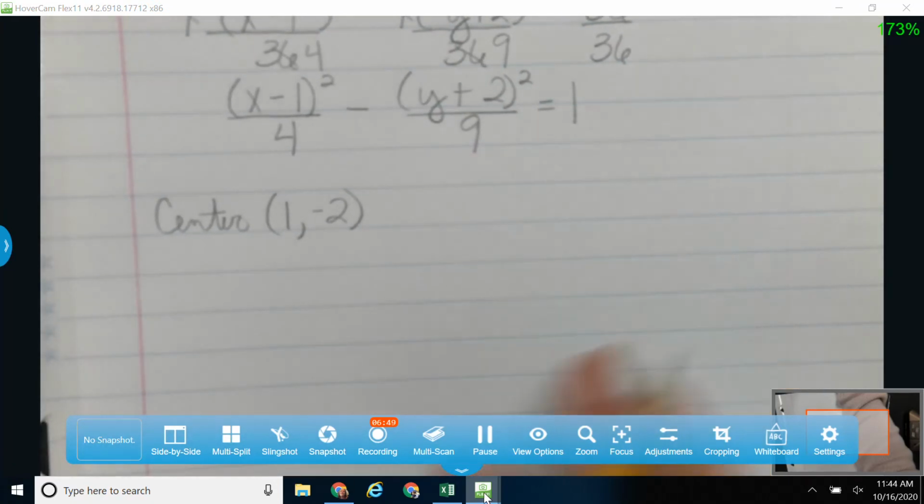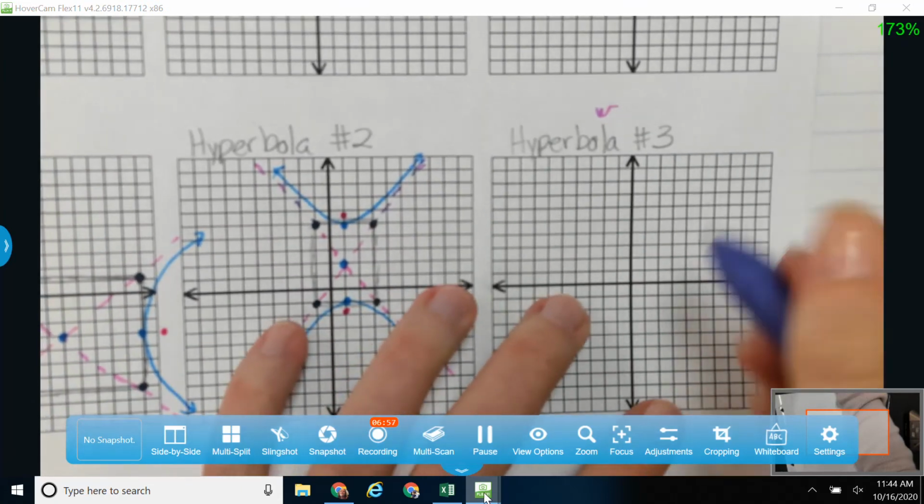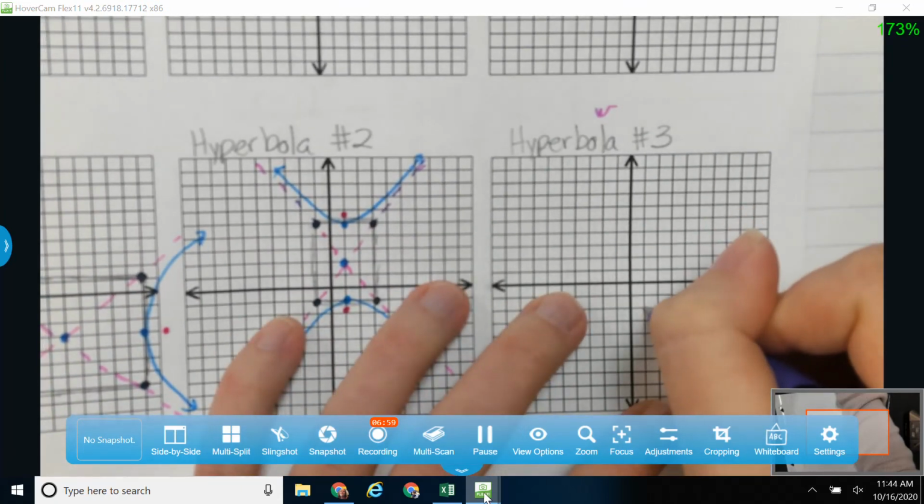Let's go ahead and grab your graph paper, and let's graph that center point at 1, negative 2. So 1, negative 2 is right here.